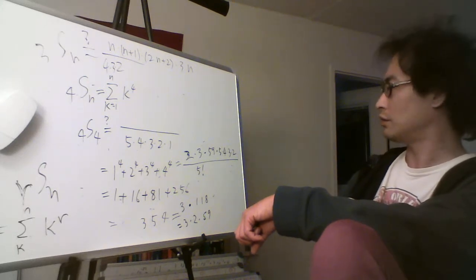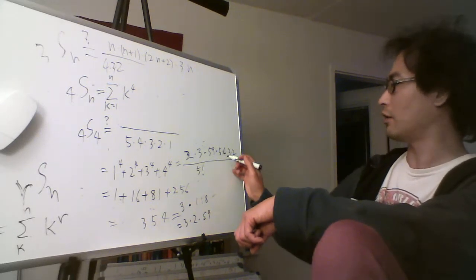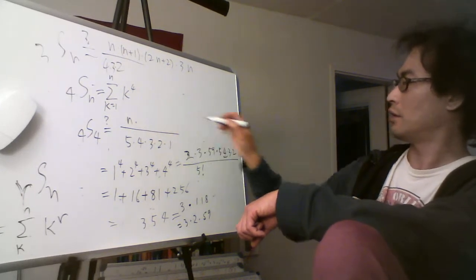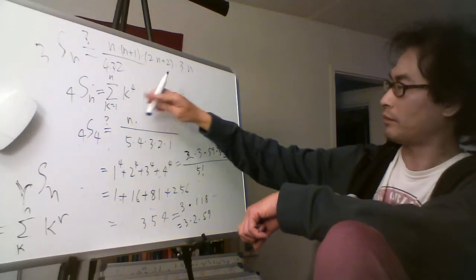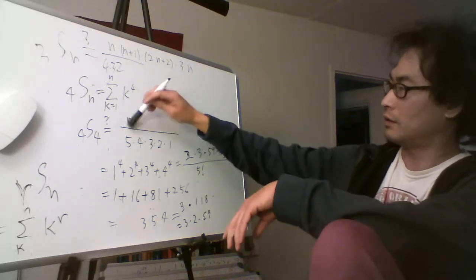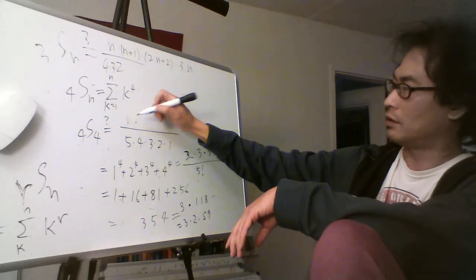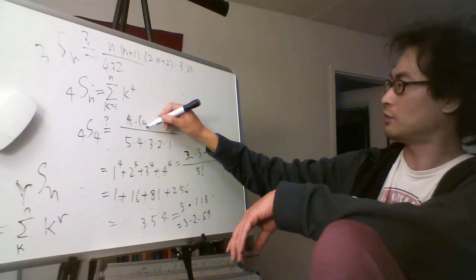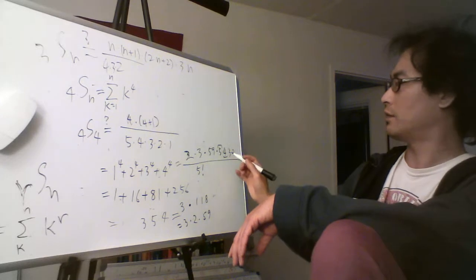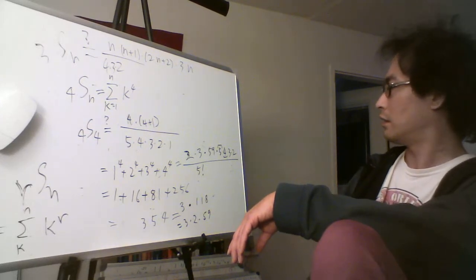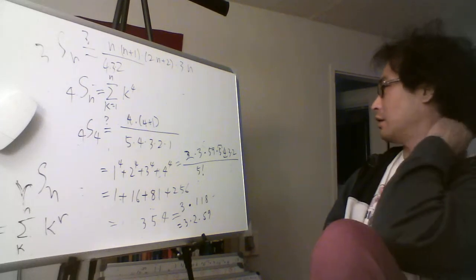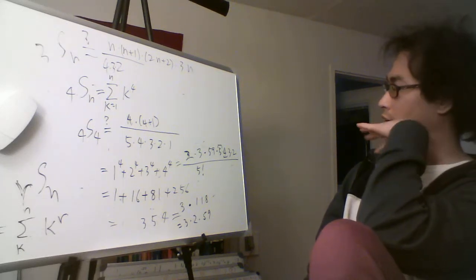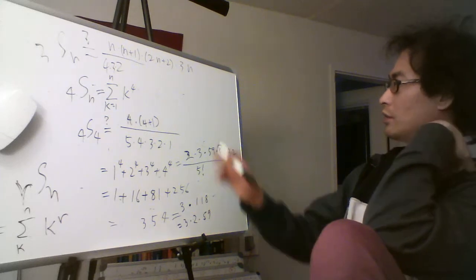Which is equal to, um, we have n here, n times n plus 1. Okay. 4 times 4 plus 1, which is 5. Okay. What is 2 times n?